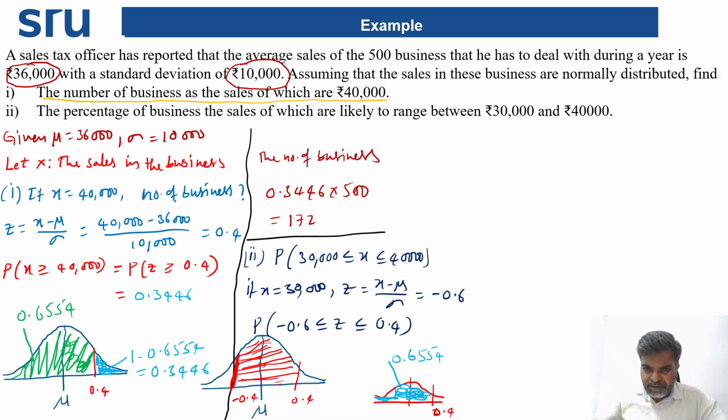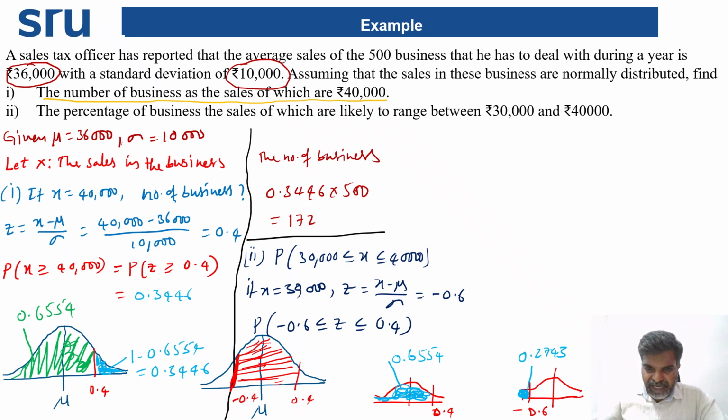Next, I have to remove this. So z equal to a negative value. Negative value means you can get it here, -0.6. If you look up -0.6 in the table, you will get 0.2743.